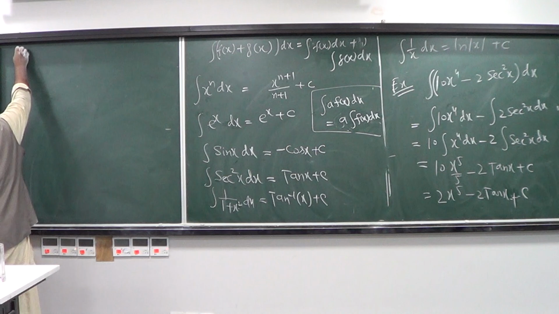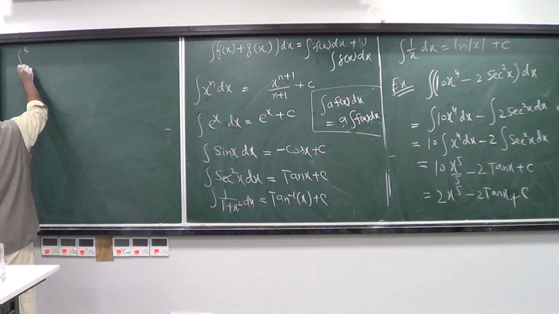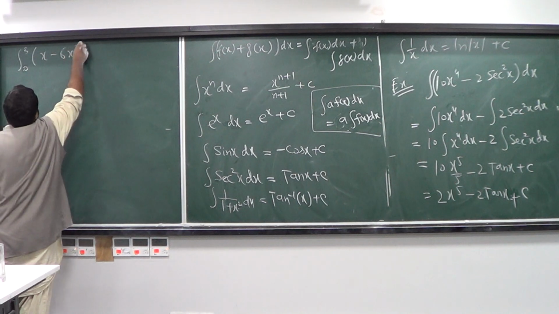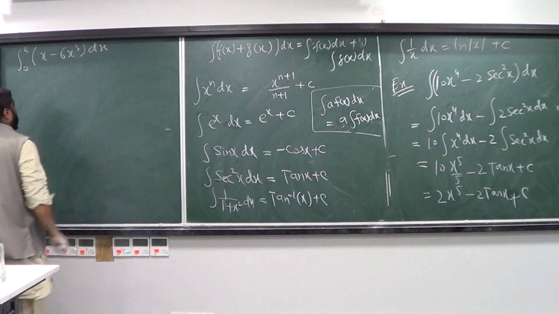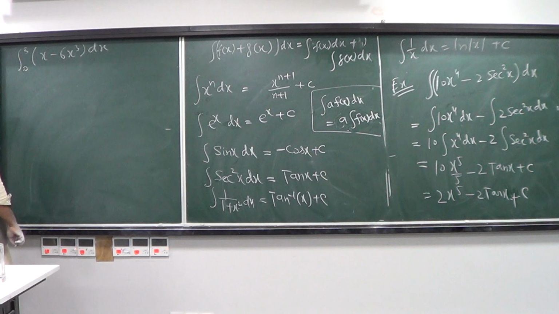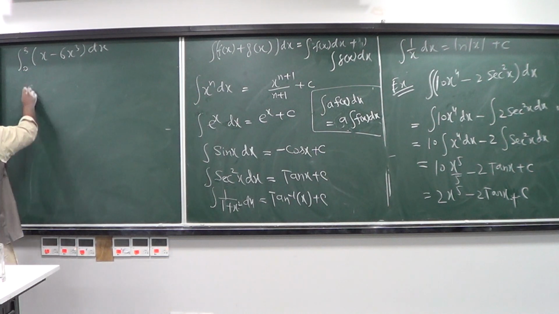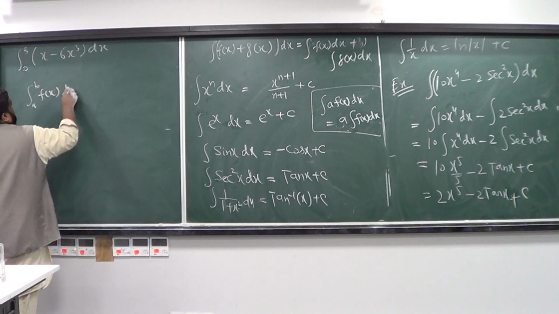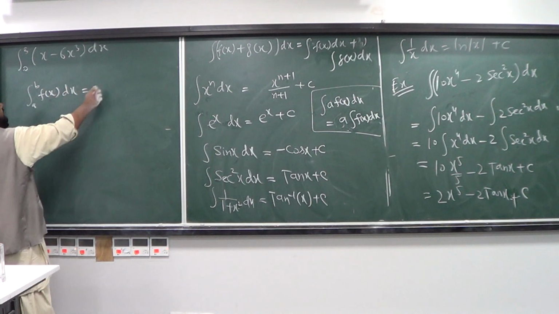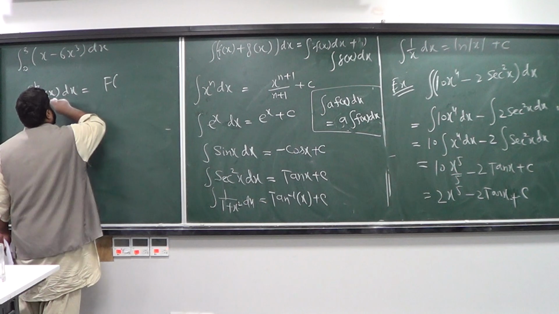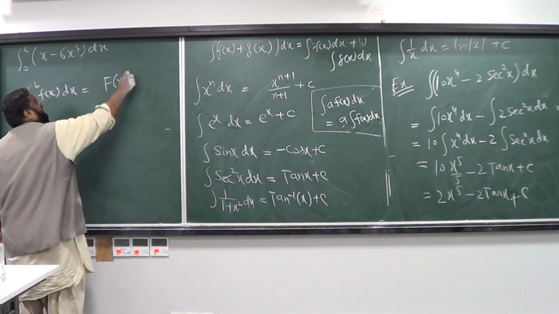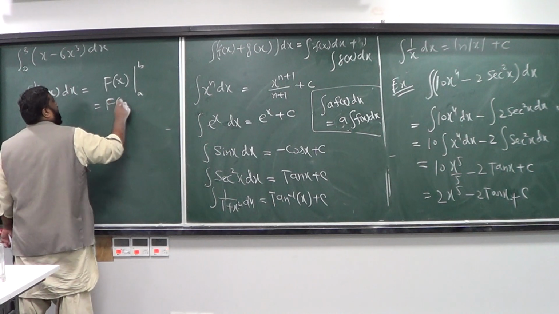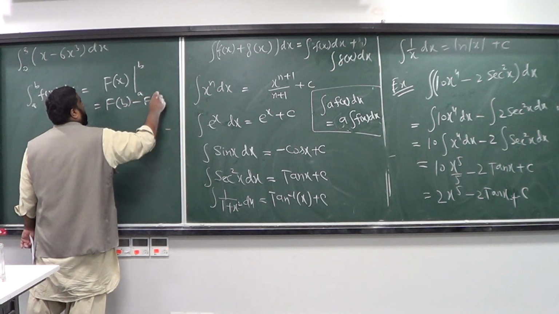For example, if I say now find the value of the integral from 0 to 3 of x minus 6x cubed dx. This is like if you have to find the integral from a to b of f of x dx. First find the antiderivative of f of x, which is capital F of x, and then substitute upper limit minus lower limit, F of b minus F of a.